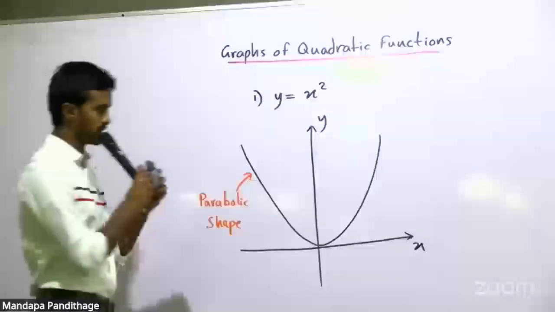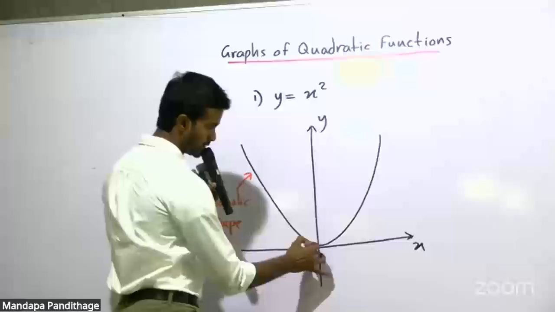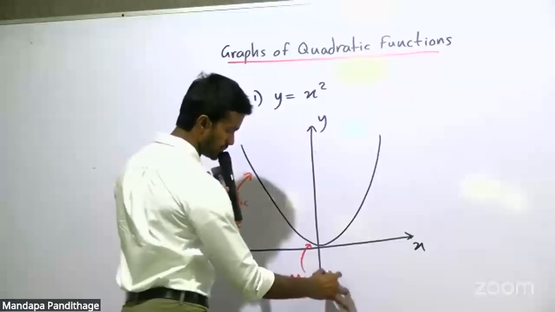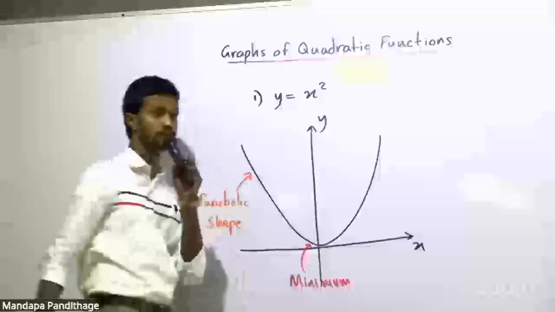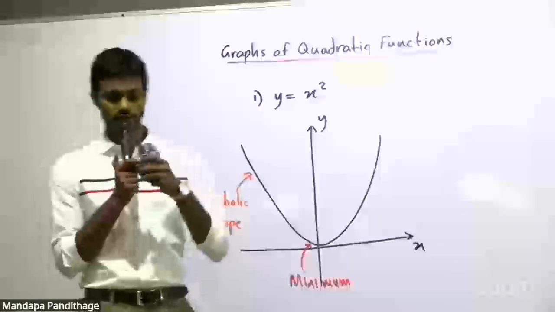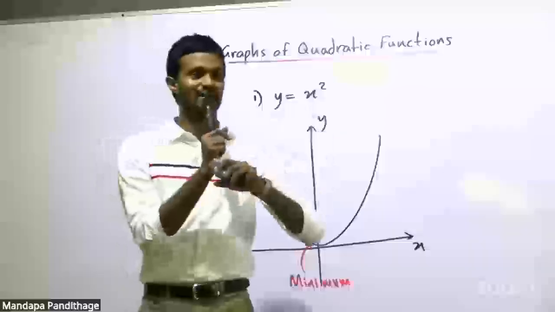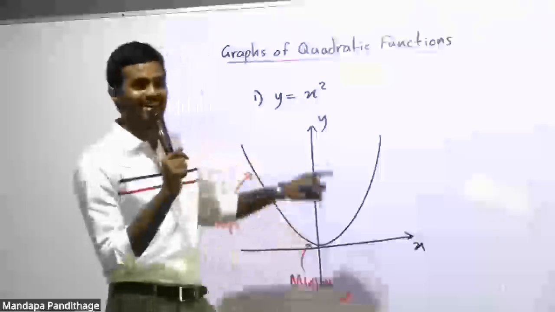Anyone can remember what decides whether the quadratic function has a minimum or a maximum? What is the factor that it is dependent on?